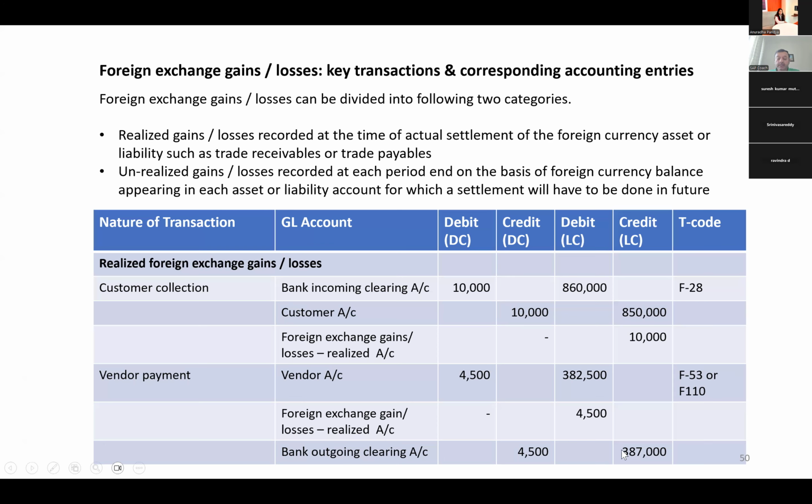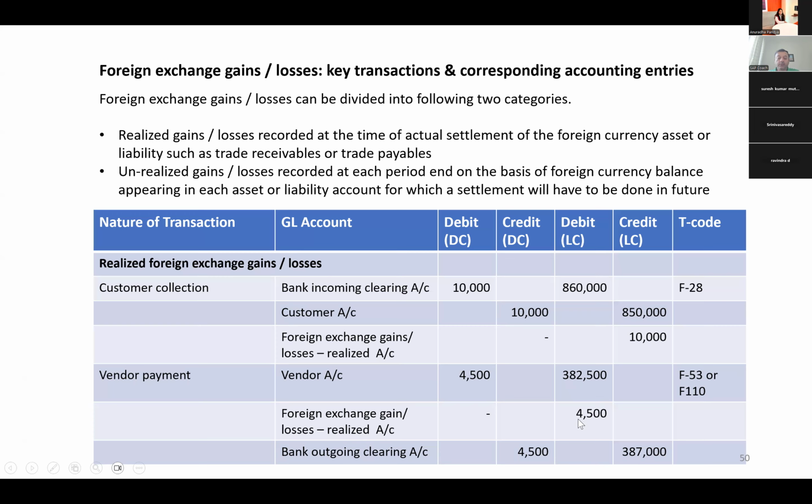So I have suffered a loss, because had I paid on the day I booked my vendor invoice, I would have had to pay only 85 rupees per dollar. But now I have to pay 86. So instead of 3,82,000 bank outgoing, I have to pay 3,87,000.